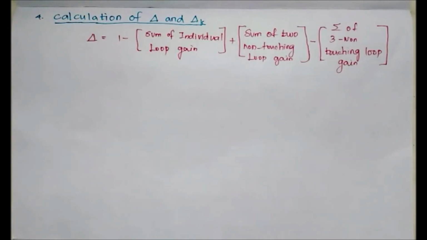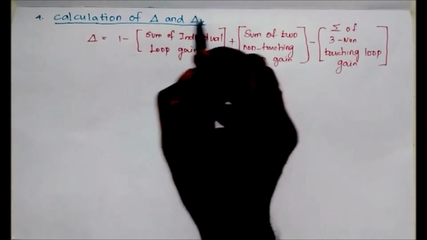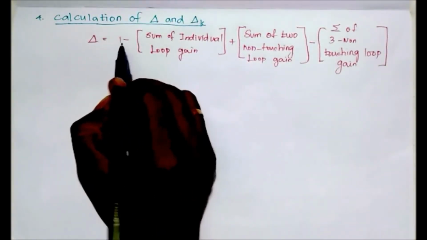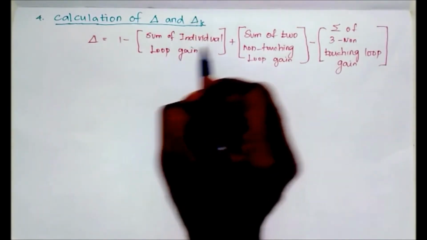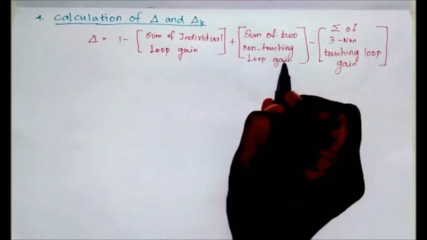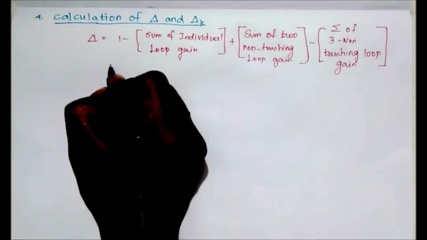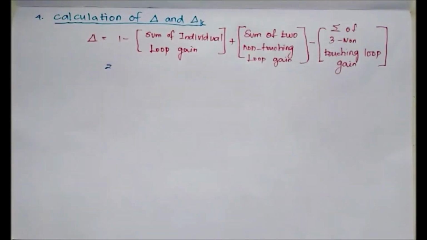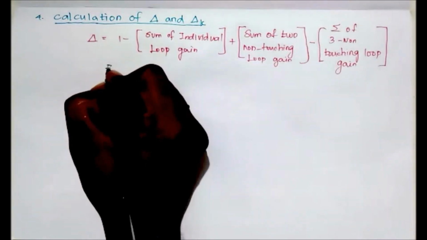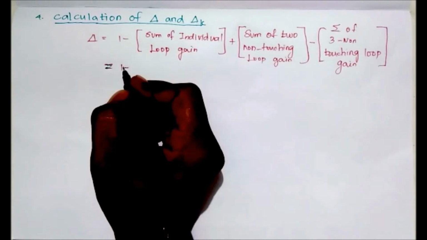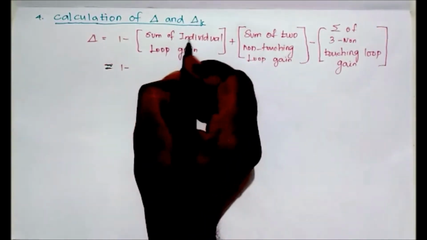Next we have to calculate the del and del k values. For del, this is the formula: 1 minus sum of individual loop gains plus sum of two non-touching loop gains minus sum of three non-touching loop gains. So now, 1 minus, there are three individual loops.